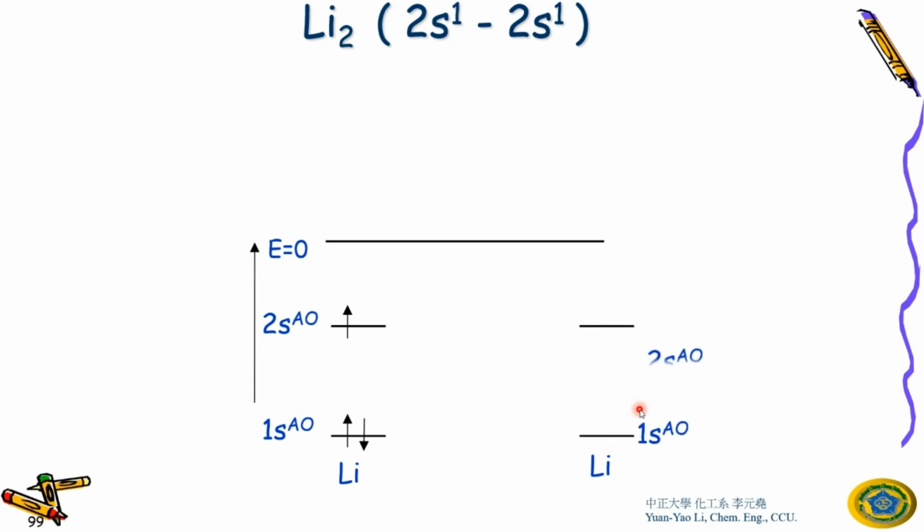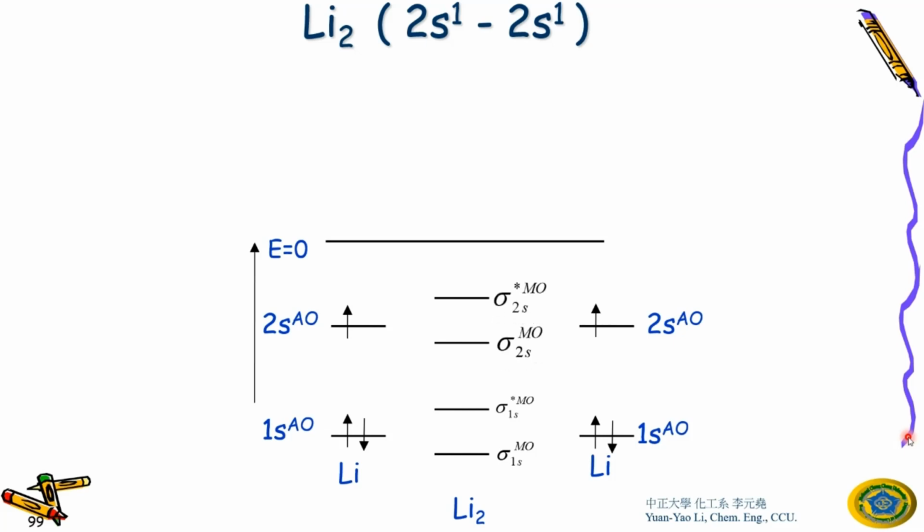When you put these 2 lithium atoms together, according to the conservation of energy states, you will have 4 energy states. Again, one is a bonding molecular orbital and one is an anti-bonding molecular orbital for the 1s orbital, and likewise for the 2s orbital.